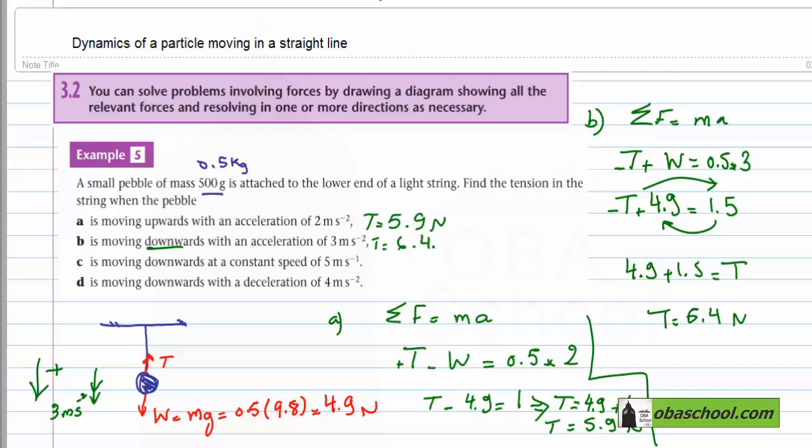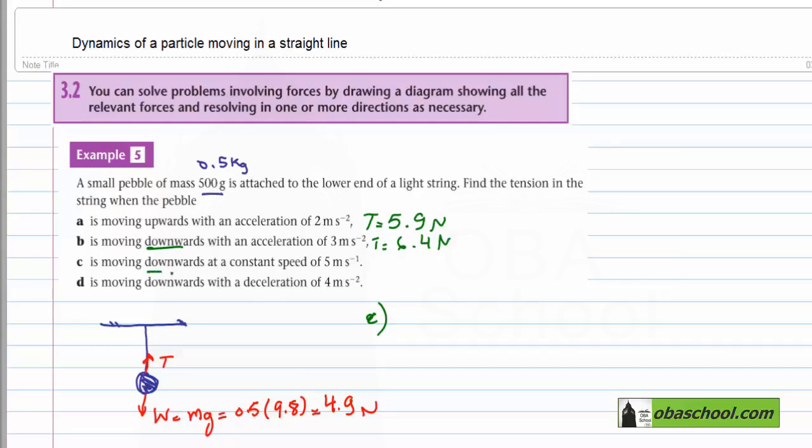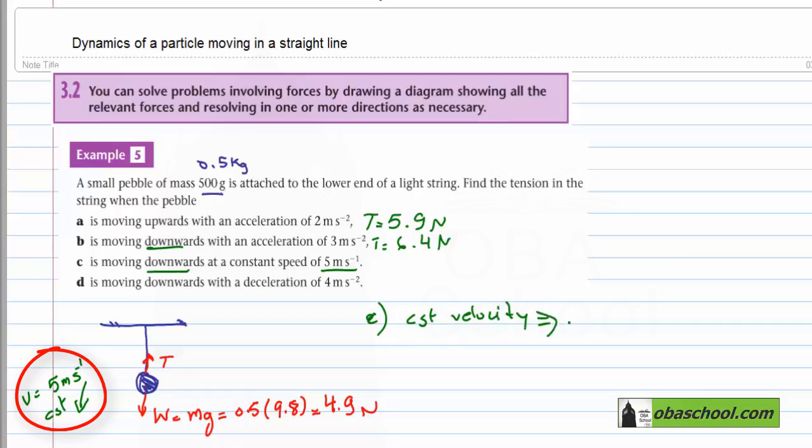Let's move forward to part C, where the pebble is moving downwards at a constant speed of 5 meters per second. This is a case of a constant velocity. A constant speed or velocity means zero acceleration. That is, the rate of change of speed or velocity is zero, which is acceleration. Acceleration is zero. Let's approach this by setting the positive direction downwards.